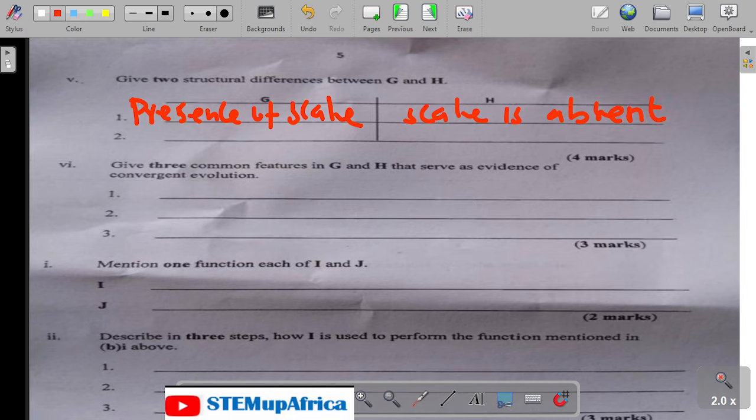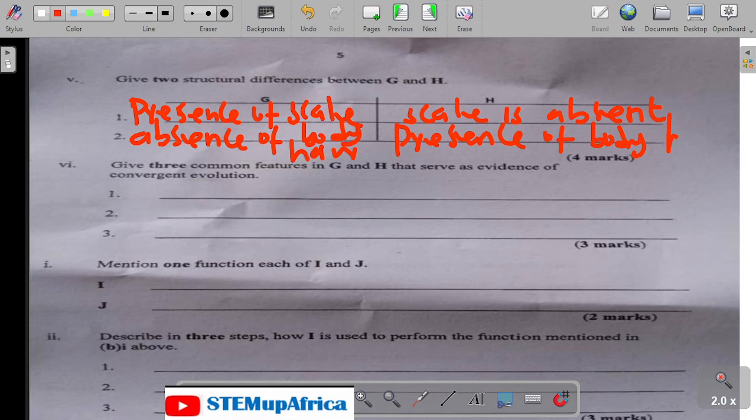Then the second, we have absence of body hair. In the second, we have presence of body hair. That's the difference between both of them.